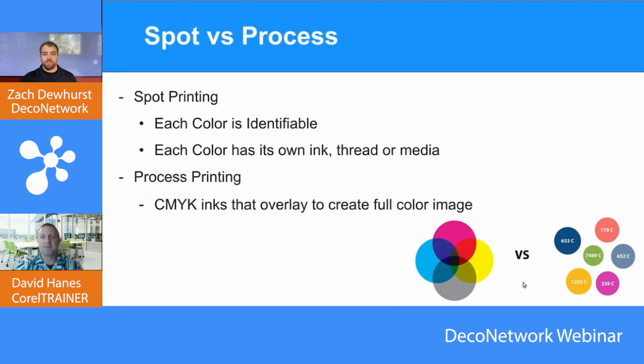Yep. So if you're looking at this image, you have the CMYK blending together. And then if you look at it in a different way, these are potentially the different colors that you would actually call out. Pantone has numbers, and then will be either a C for coated or a U for uncoated.